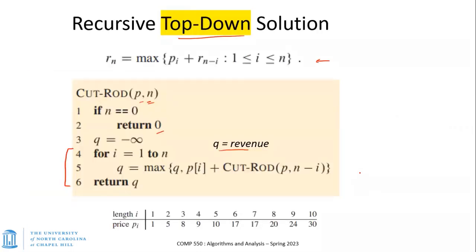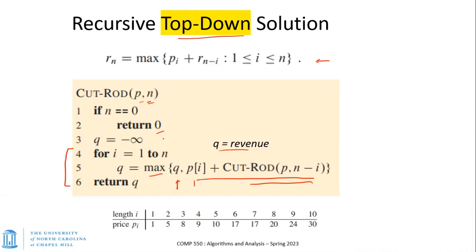With i equal to 1, we're picking the current maximum value of the revenue, which is minus infinity, and we're going to look for the maximum. As soon as you plug in minus infinity plus something positive, it replaces the minus infinity. The first piece we look at is a rod of size 1, and then we recurse to figure out the optimal revenue for size n minus 1.